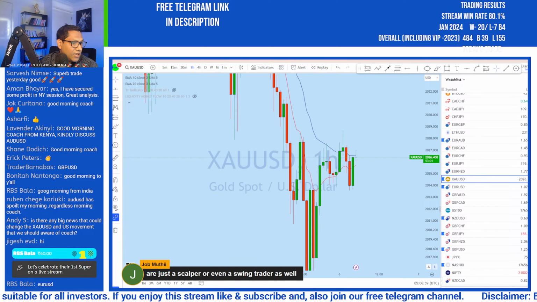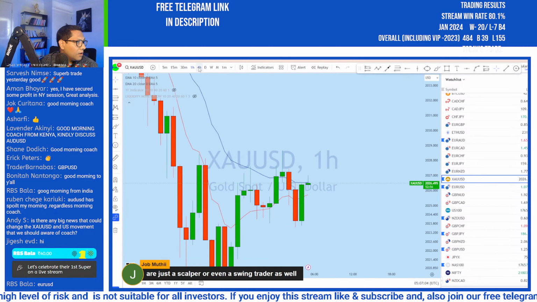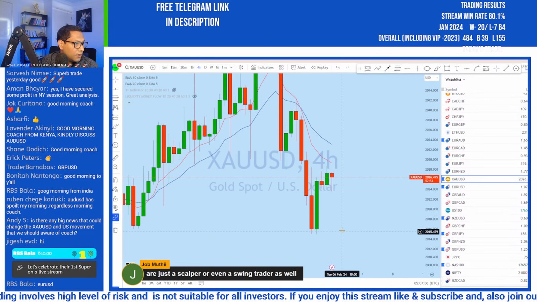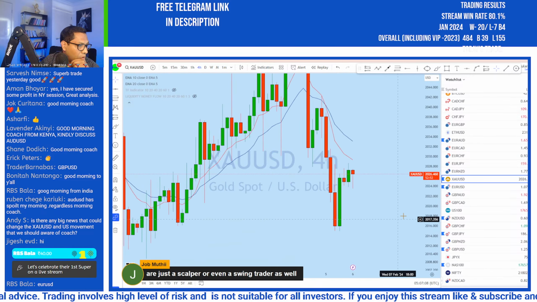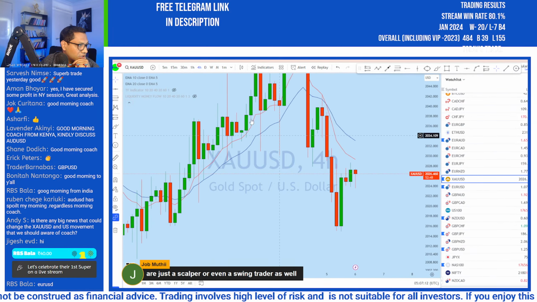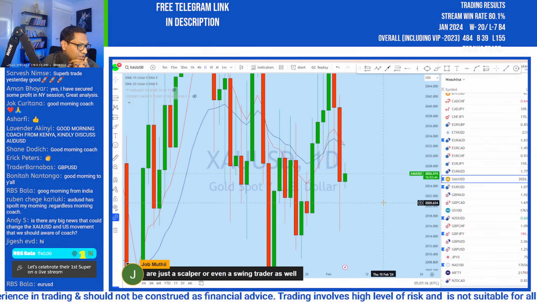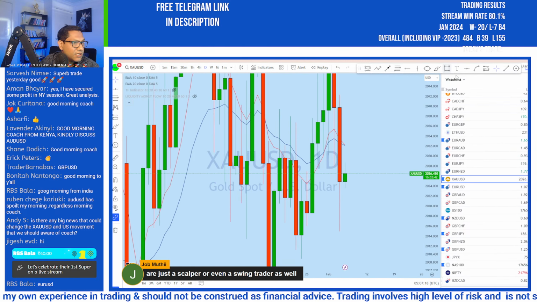So now let's see here on gold. This is the 4 hour, where after yesterday's move, let me see the daily chart. What I'm expecting today is for the price to break this high.